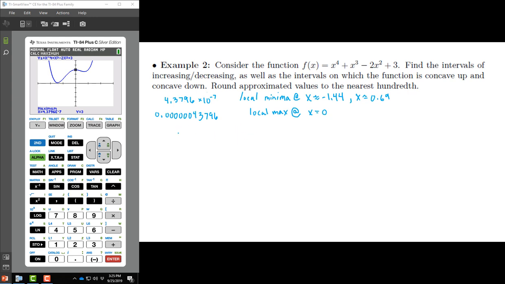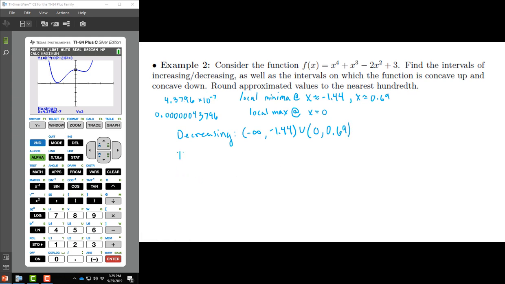So we are decreasing from negative infinity up to negative 1.44. And then we decrease again from the local max of 0 down to this local min, which is 0.69.